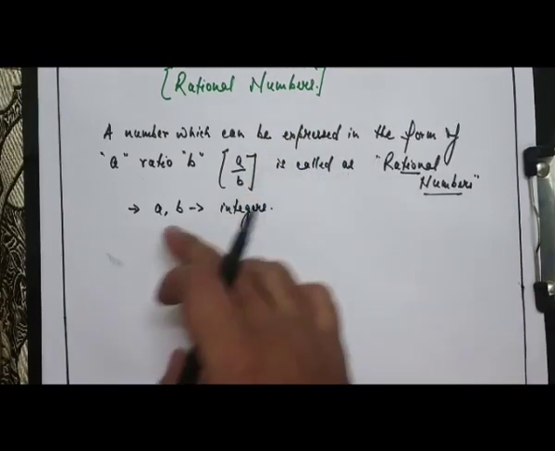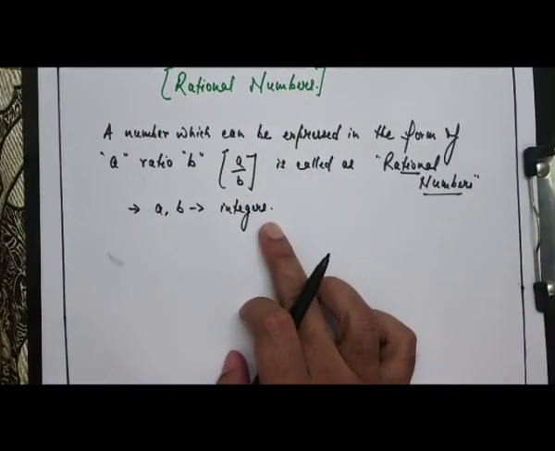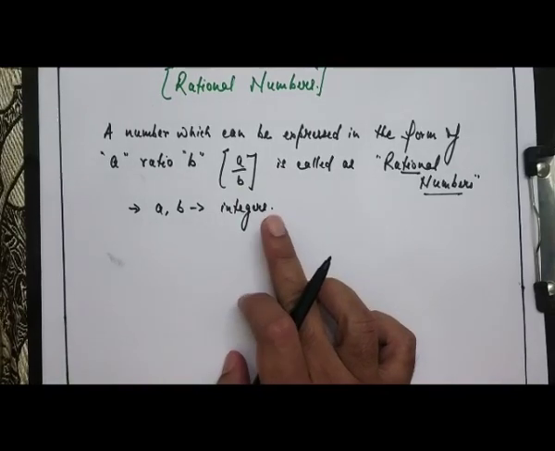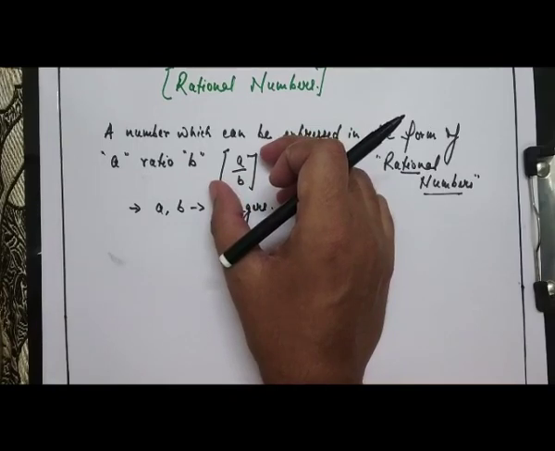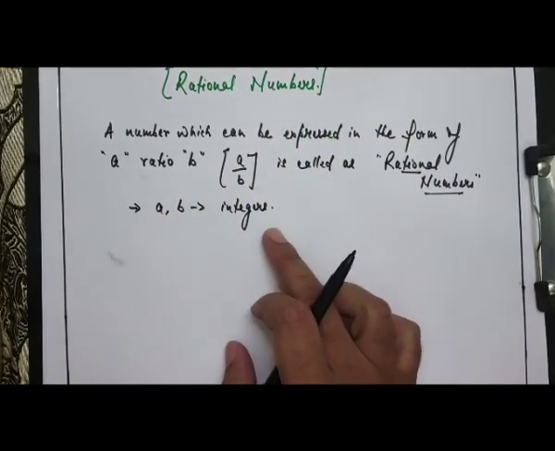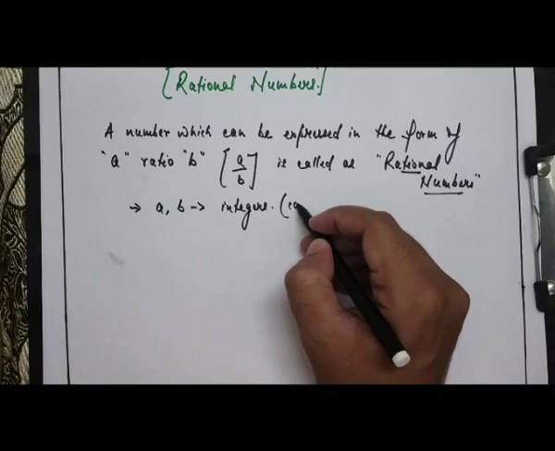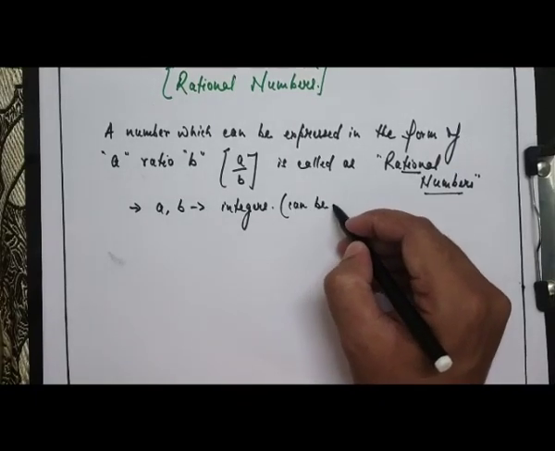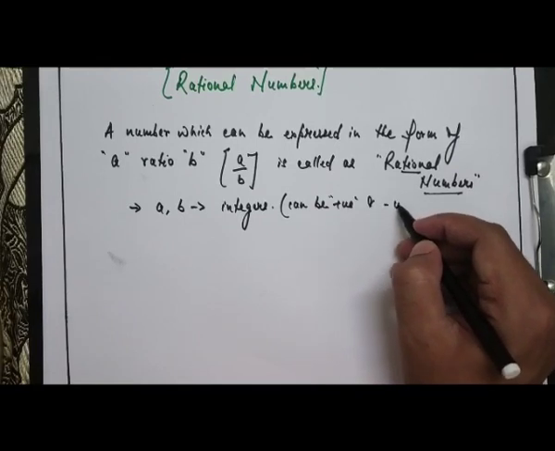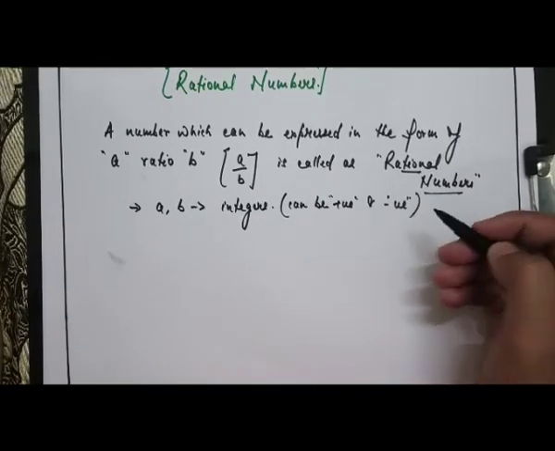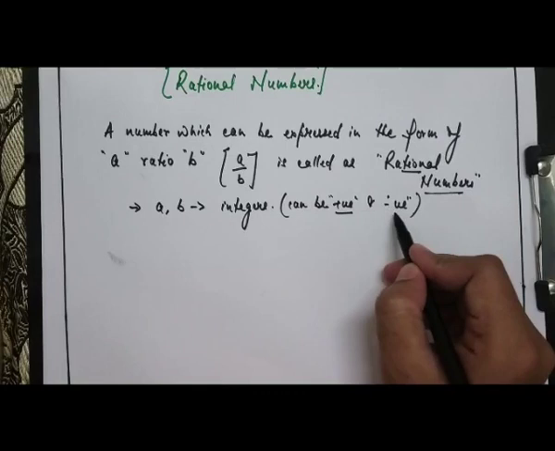It doesn't matter whether they are positive integer or negative integer. So this is the first condition, that if you want a upon b to be a rational number, a and b both should be integers. I'll write it down. They can be positive and they can be negative.